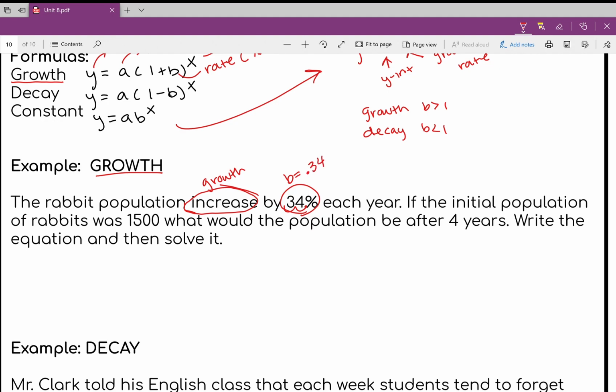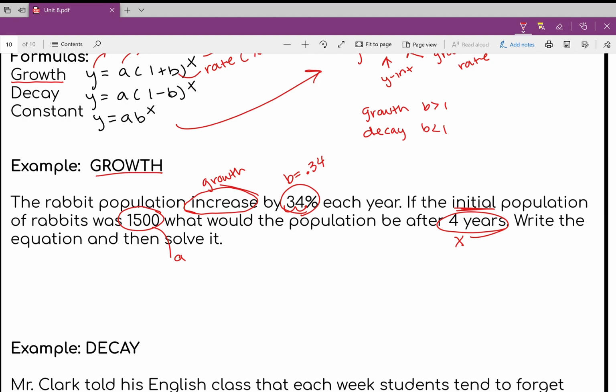Then it says if the initial population of rabbits was 1,500. Remember, initial is our A value. What would the population be after 4 years? This is time, so this is x. It says write the equation.